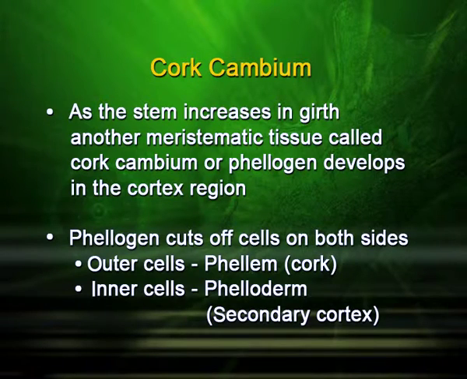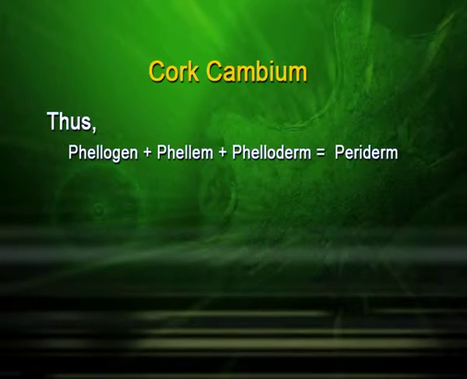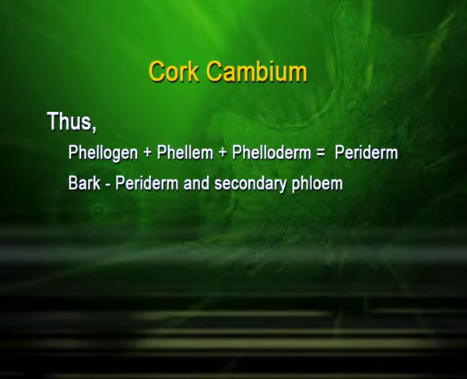The inner cells are the phelloderm, which is the secondary cortex. Thus, phellogen plus phellem plus phelloderm is equal to periderm, or periderm constitutes phellogen, phellem and phelloderm. The bark is the periderm and secondary phloem.